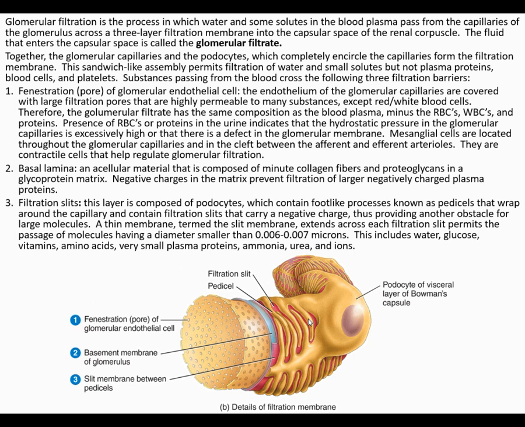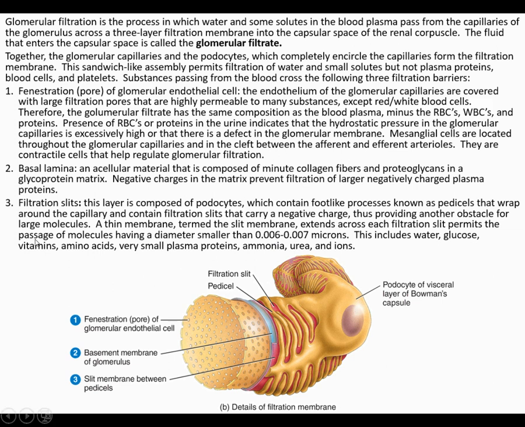Okay. What can pass through this very thin membrane are things with a diameter smaller than 0.006 to 0.007 microns. That's so small, it's unbelievable. Okay. What is going to qualify there?